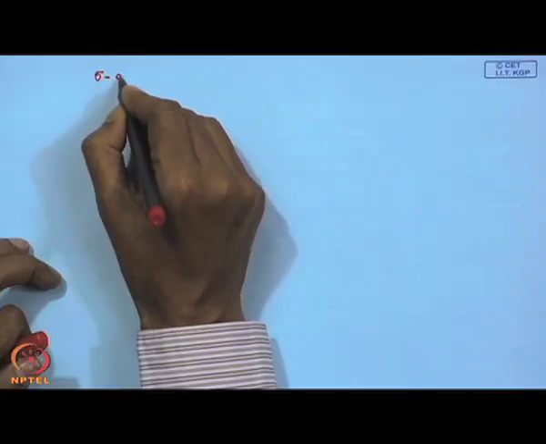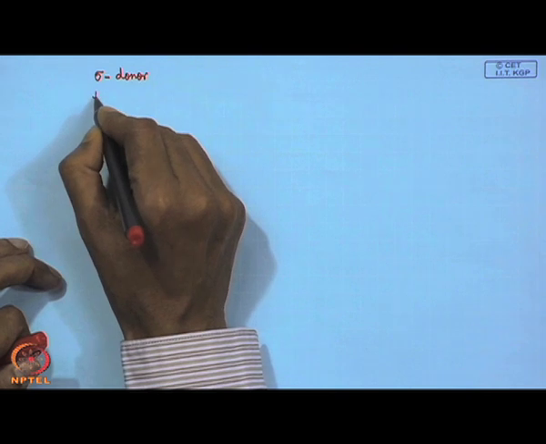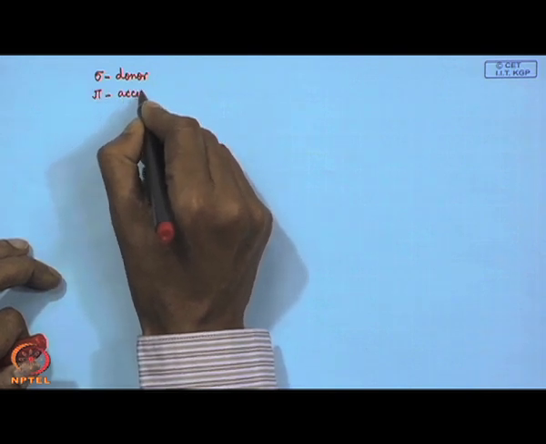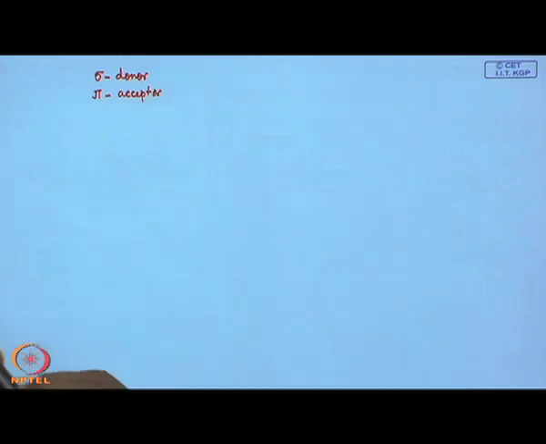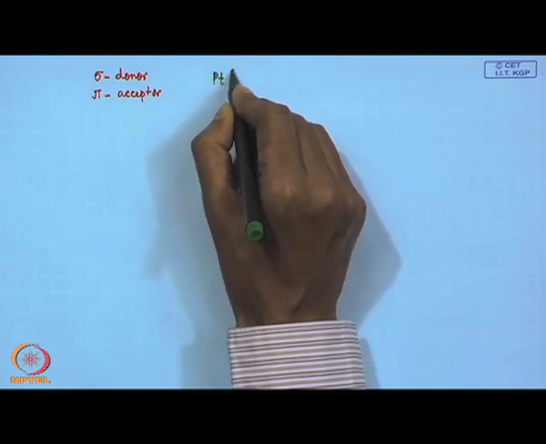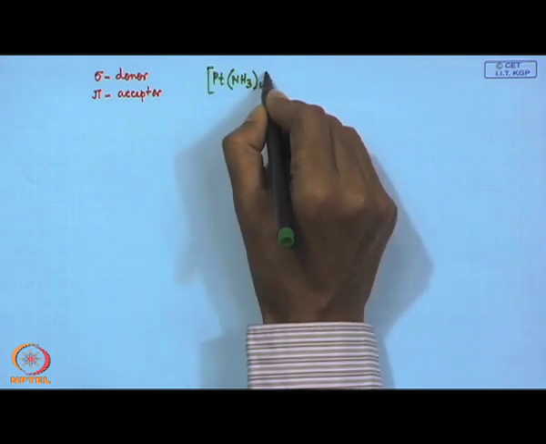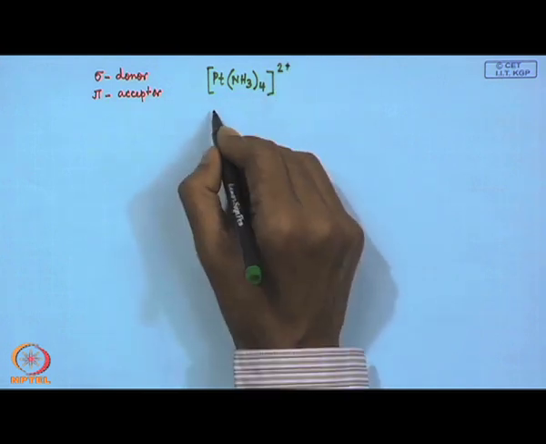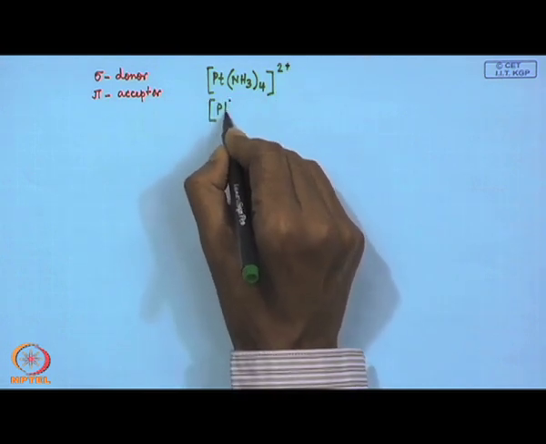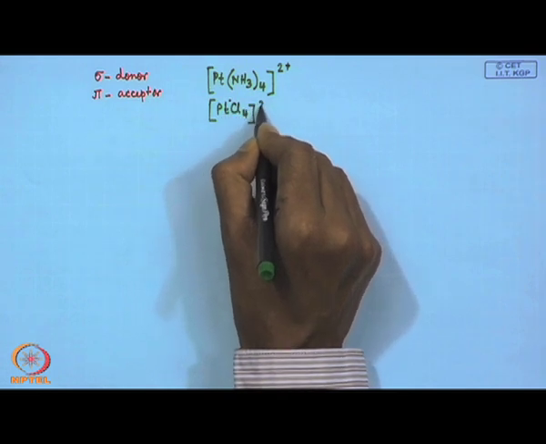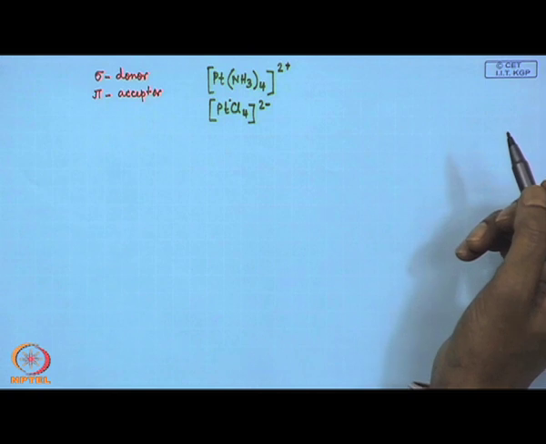So, we see that whatever we have seen for the abilities in terms of the sigma donor and the pi acceptor ability, we can consider two starting materials, the tetraammine salt of platinum and the tetrachloride salt of platinum.